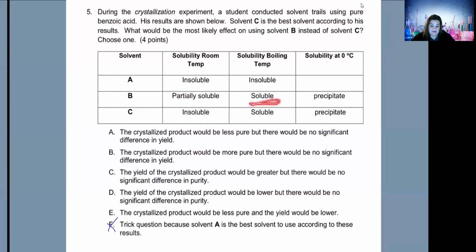That means by the time we get to boiling, we're going to have less crude product, because some of it was already mixed in. So at boiling, we have less crude than we would with solvent C. Right away, our yield is going to be much lower.